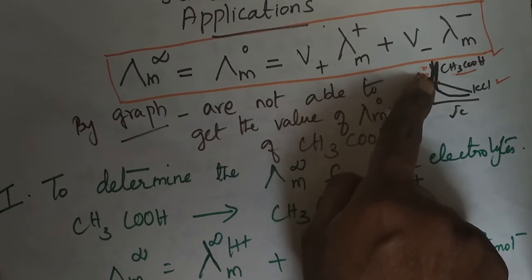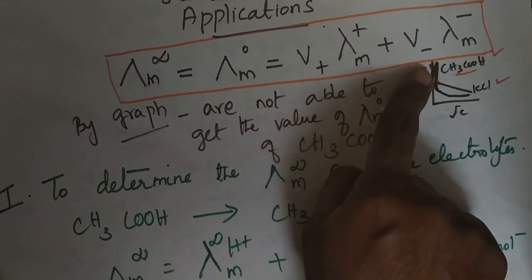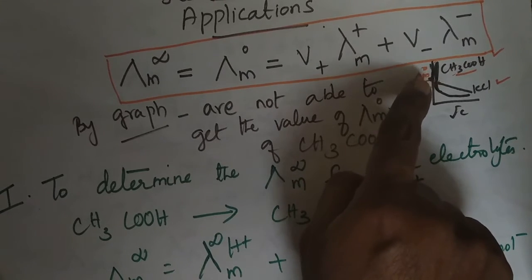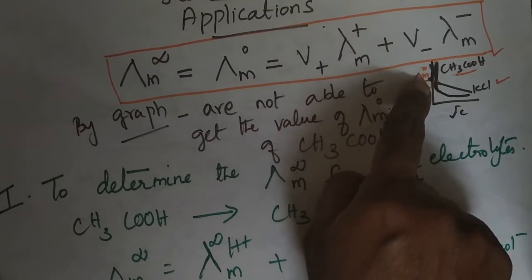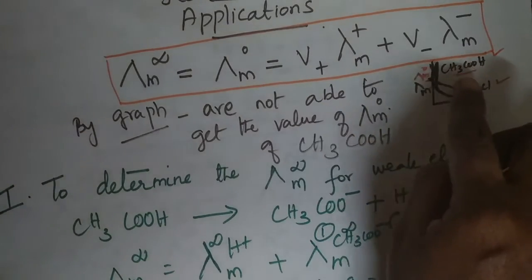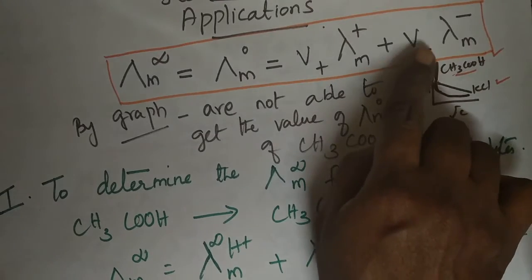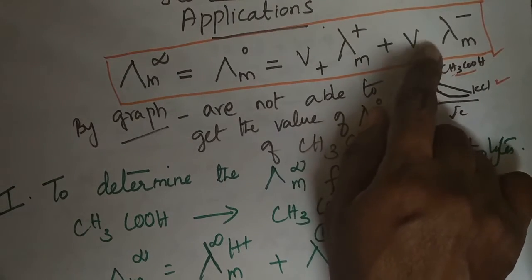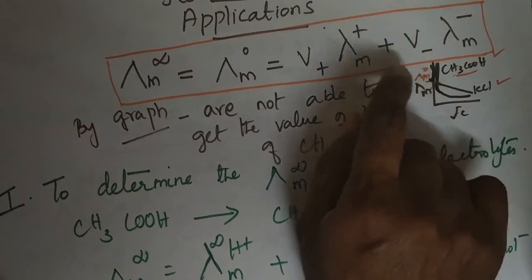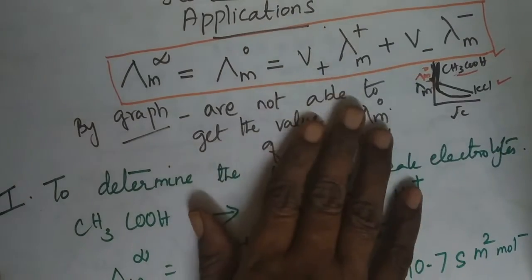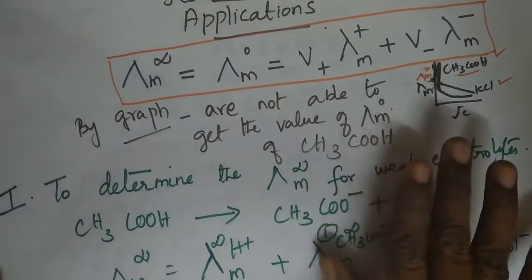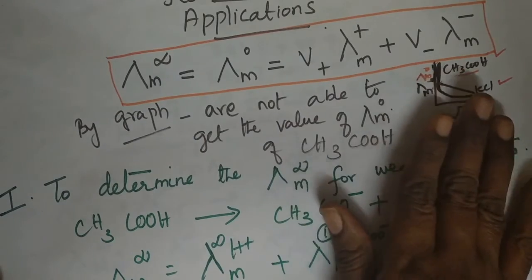That y-axis point is lambda m infinity, the limiting molar conductance, which is the value at which the molar conductance stops increasing. Remember that. For acetic acid, the curve does not meet the y-axis at all, so it is not possible to find its lambda m infinity. So the graphical method tells you it is not possible.